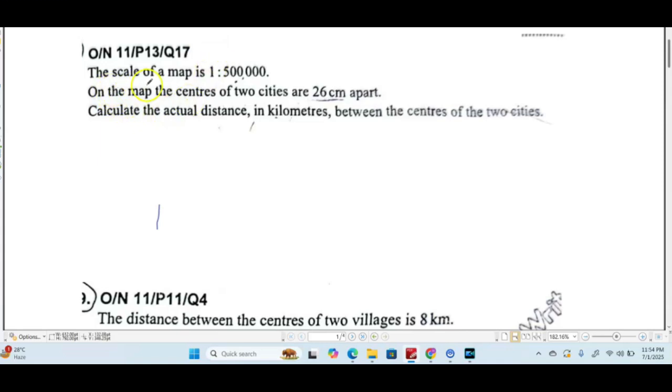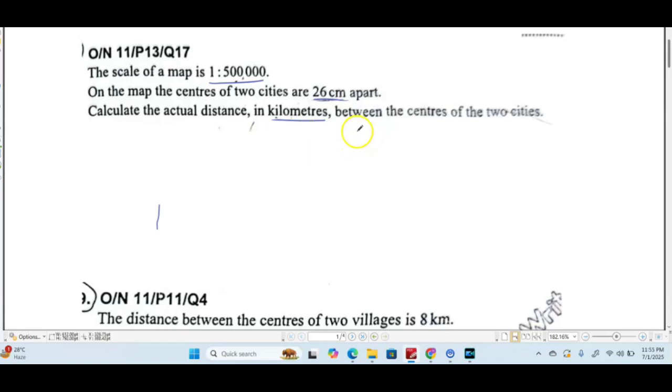Now, the next question states that the scale of the map is 1:500,000. On the map, the centers of two cities are 26 centimeters apart. Calculate the actual distance in kilometers between the centers of the two cities. First thing is first.